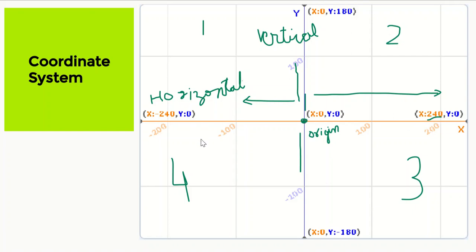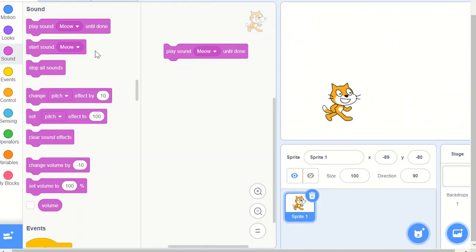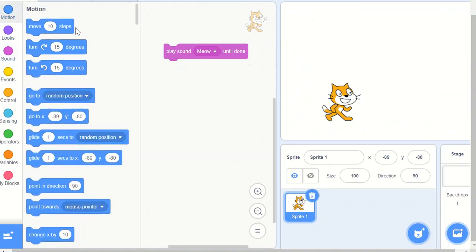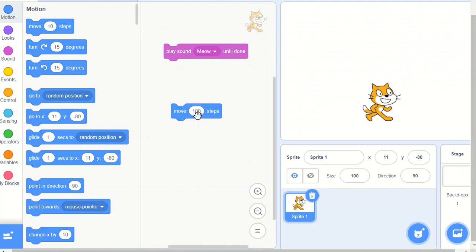Positive or negative means, for example, if I want to move our sprite ahead, we simply write 100 here. By moving 100 steps, it simply goes straight. But if I want to go back, I simply use minus.